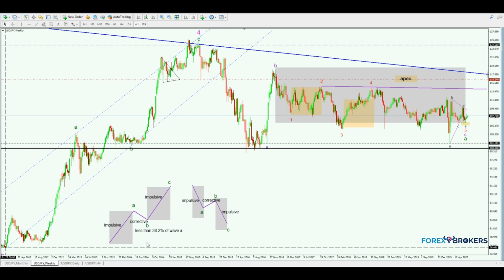For instance, it may be that the B wave is a terminal impulsive move that ends with a triangle, and by the time the triangle ends, the first segment of the triangle dips below 61.8, but the end of it is above 61.8, maybe even above 50%, and that would be in line with the zigzag rules.